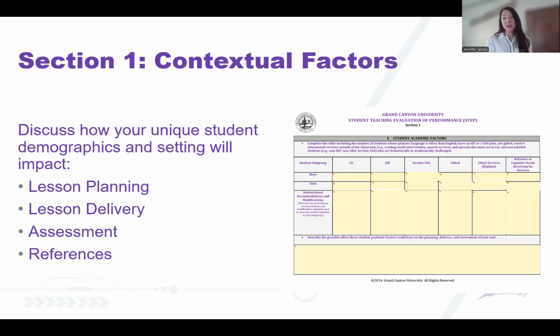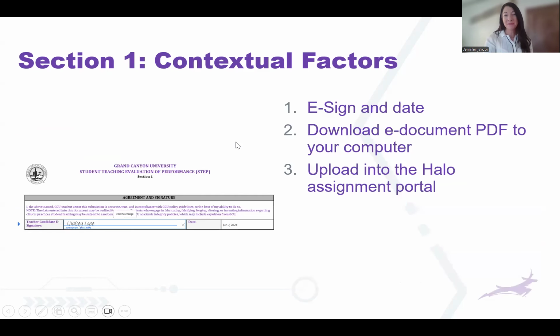It will also ask you to provide references to support all of your ideas. You will want to make sure that you supply this information and also include references so that you are earning full points on this assignment.